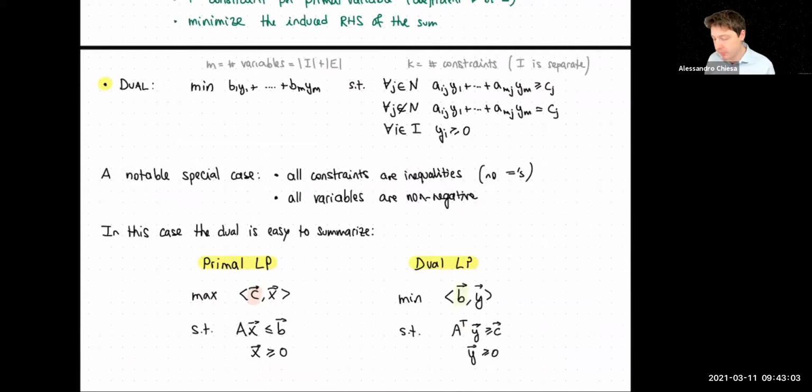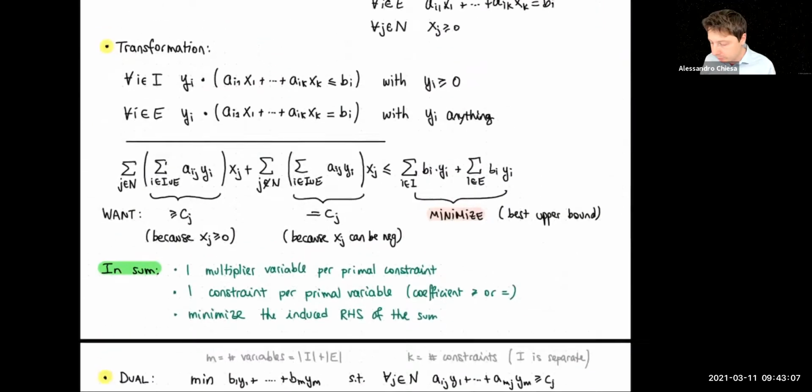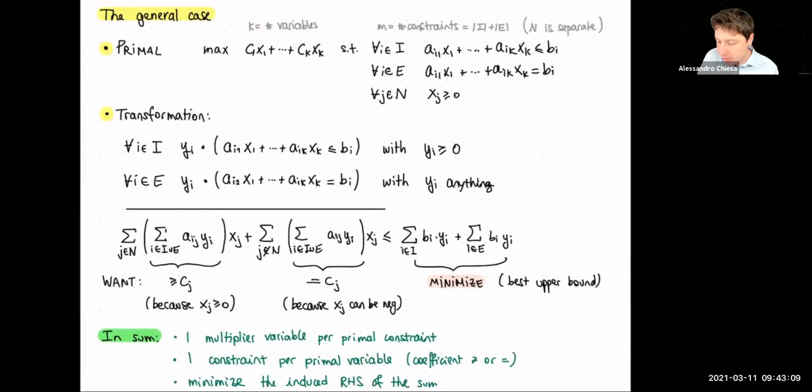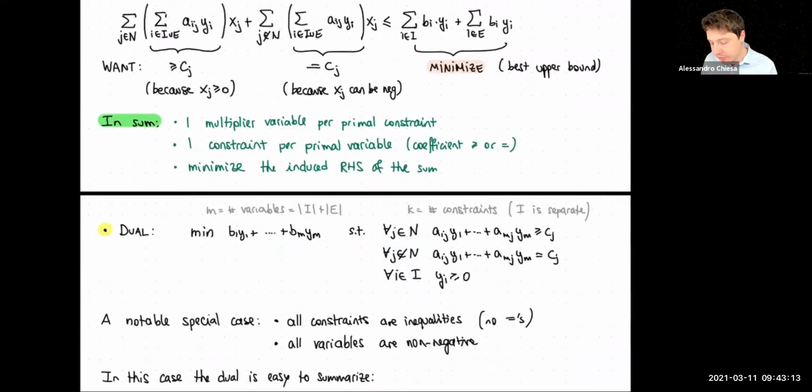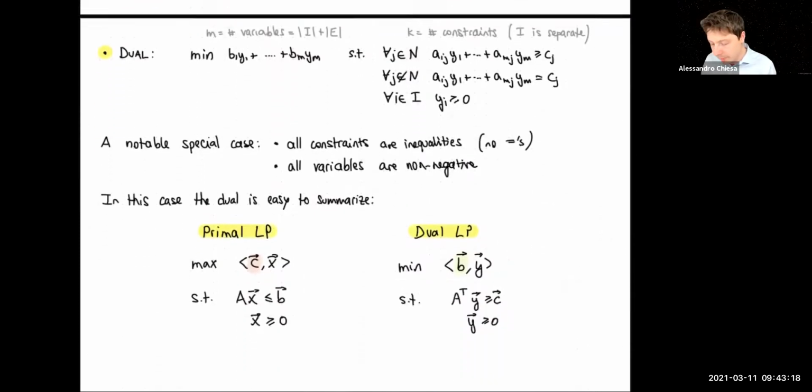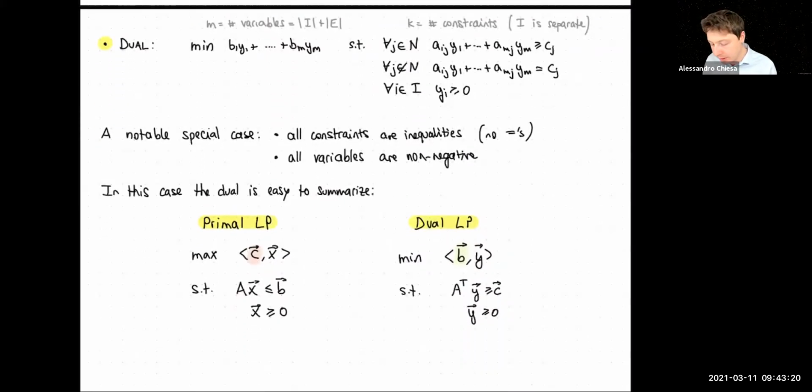We take the transpose over the coefficients, and what used to be the variables and the constraints are switched. Now the number of constraints is the number of variables, and the number of variables is the number of constraints. By transposing the matrix, whatever were the variables are now the constraints, and whatever were the constraints are now the variables.